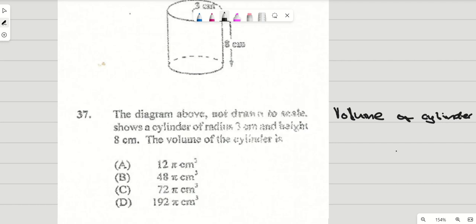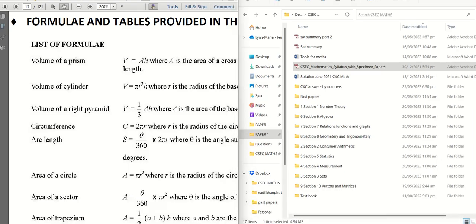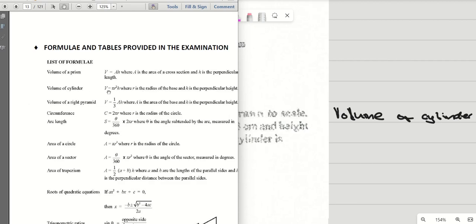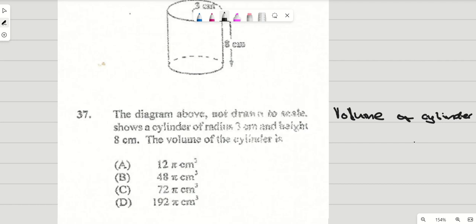is equal to, so if we look, volume of a cylinder here, this is the formula sheet that is given, right, is pi r squared h. That's the volume of a cylinder.